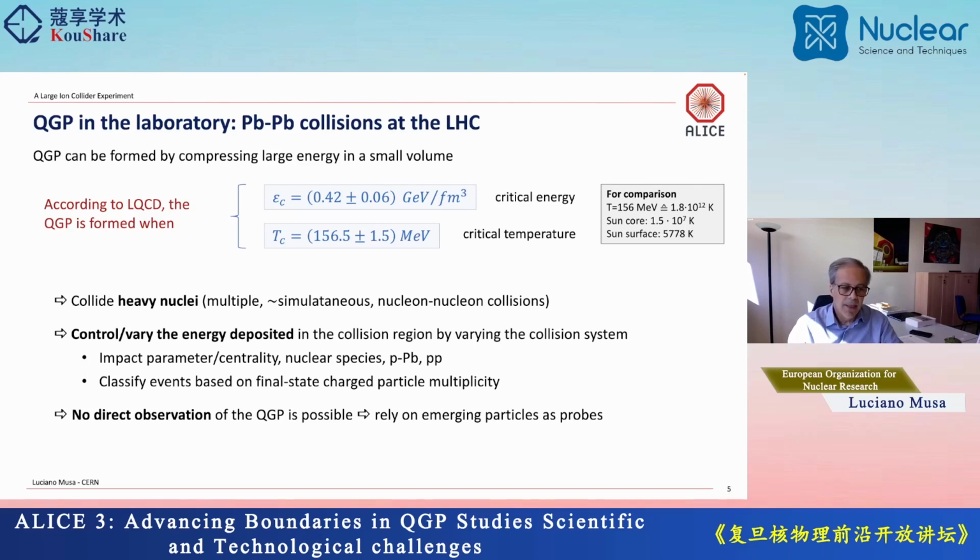Of course, we don't have a direct observation of the QGP, but we rely on the emerging particles as probes of the state of matter which has led to their generation and imprinted the basic features.